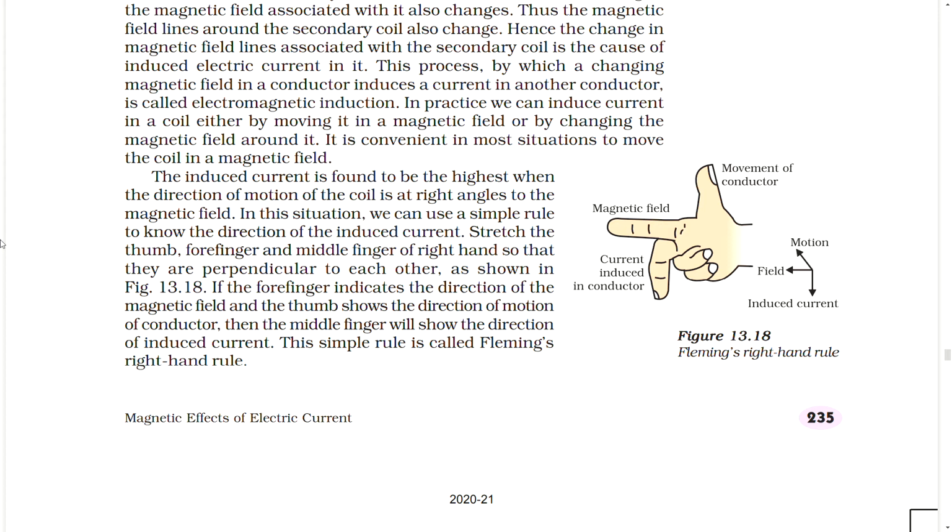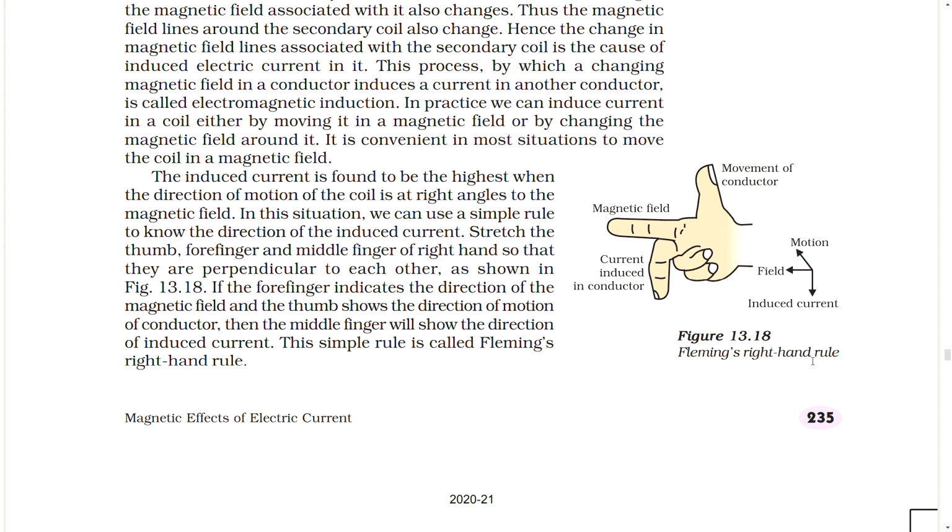In this situation, we can use a simple rule to know the direction of the induced current. Stretch the thumb, forefinger and middle finger of the right hand so that they are perpendicular to each other as shown in the figure. If the forefinger indicates the direction of the magnetic field and the thumb shows the direction of motion of the conductor, then the middle finger will show the direction of induced current. This simple rule is called Fleming's right hand rule.